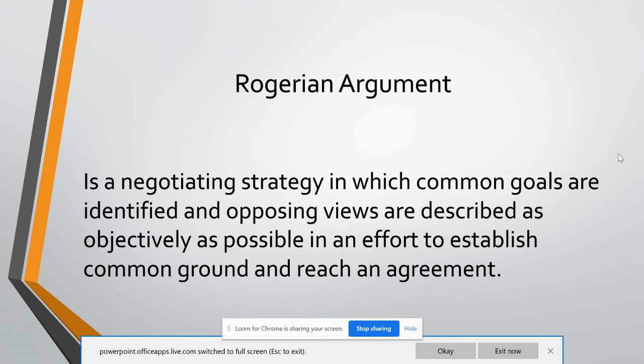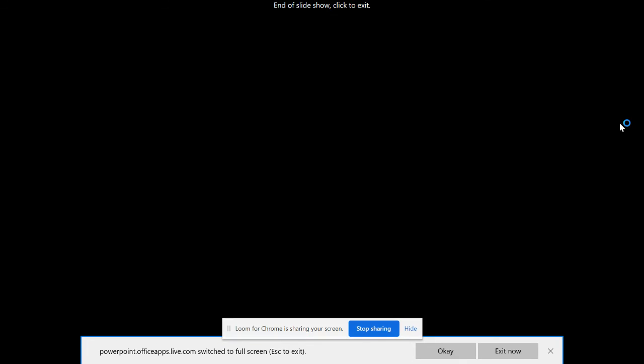But then at the end, you want to say, okay, but I understand where the other side is coming from. Because you want to be seen as objective, as seeing both sides of the issue. And you can't do that if you do not at least recognize that the other side has some benefit. So that's Rogerian argument.